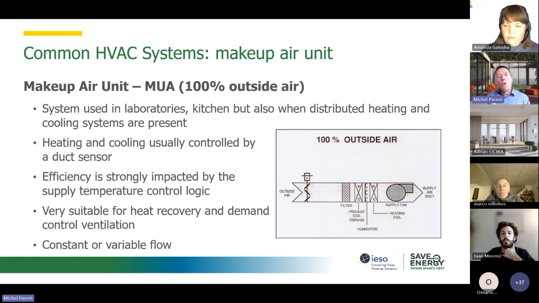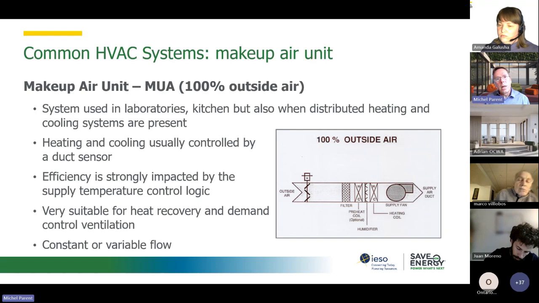So you also have to make sure you know if it's variable or constant speed. And last thing, when you see a makeup air unit and you do your audit, locate where the exhaust is located. Unless it's a heat recovery system that already has an exhaust basically parallel to the supply, you need to know where the general exhaust is, because one of the measures you're likely going to consider is whether heat recovery is possible.